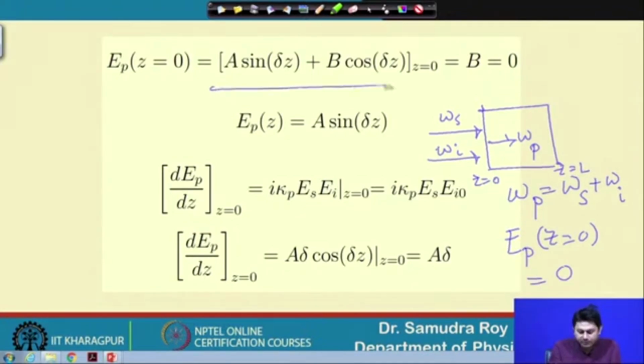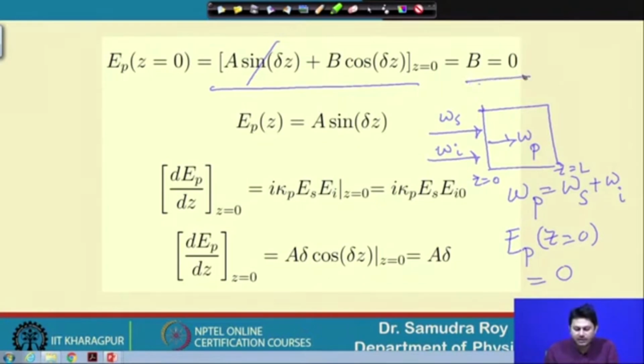Here, if I put this boundary condition, because the solution of the EP at any z point is known to us, now if I put z equal to 0 in this equation, then we find that this term will not be there and only we have B, and this B is 0.